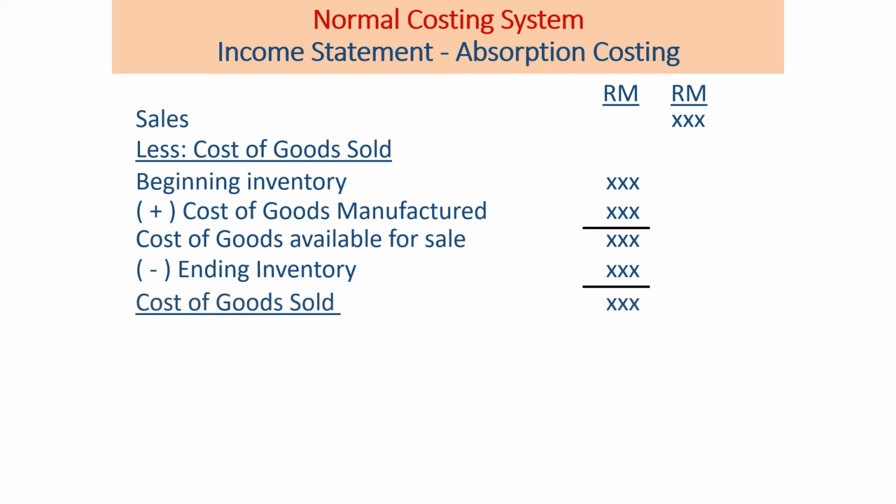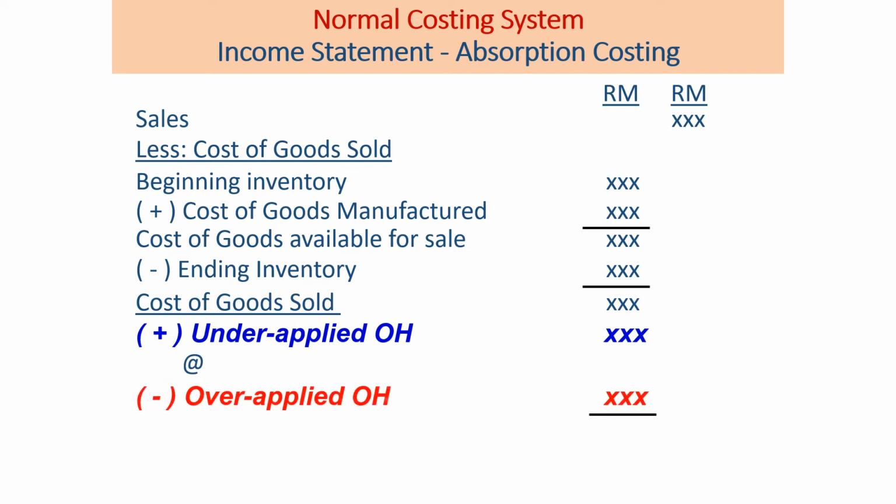We get the cost of goods sold, and we have to add under applied overhead or less over applied overhead, and then we get the adjusted cost of goods sold. Sales minus adjusted cost of goods sold gives you gross profit.